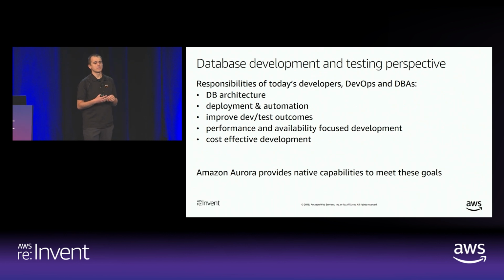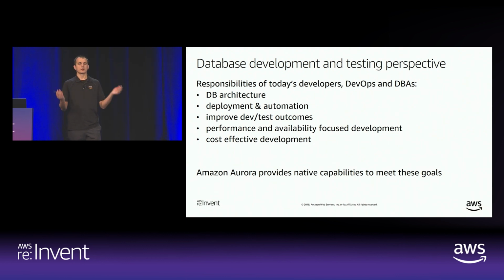optimizing and improving the outcomes of dev and test scenarios and pipelines, focusing on performance from the get-go, from the architecture and implementation and development side, and generally keeping costs as lean as possible. So all of these responsibilities are no longer segmented, where the DBA is worried about the operational aspects, the maintenance of the databases, and developers are just trying to get their applications running.